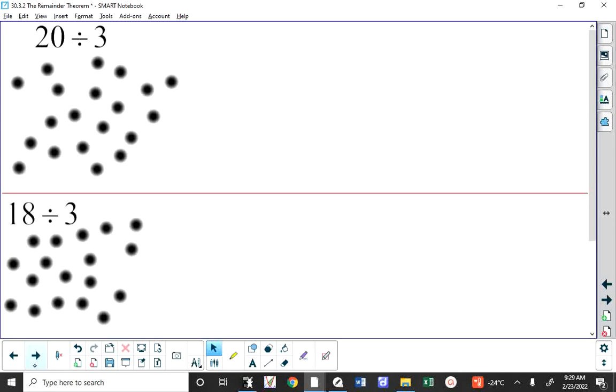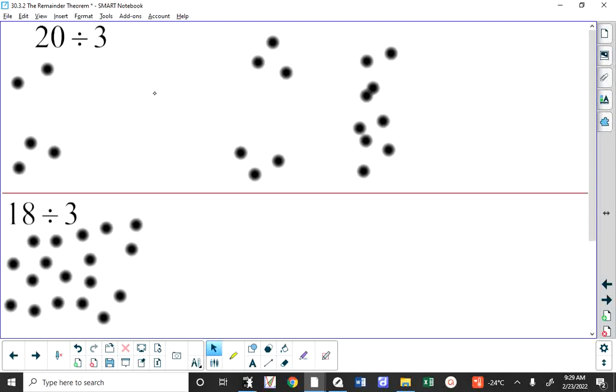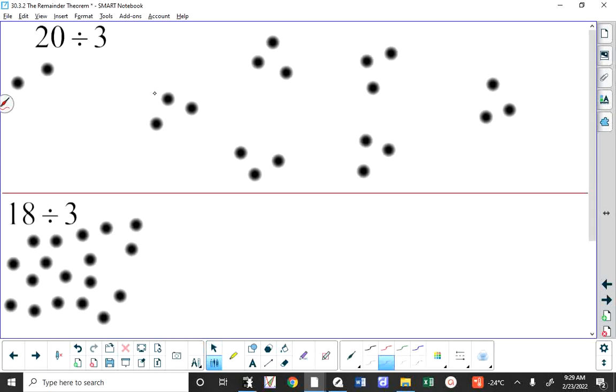And this would be too much for their little tiny brains, because when they did that, if I asked them for an answer, they would have 1, 2, 3, 4, 5, 6 groups of 3, but they have that left over, right? That leftover, that number 2, is what we call the remainder.